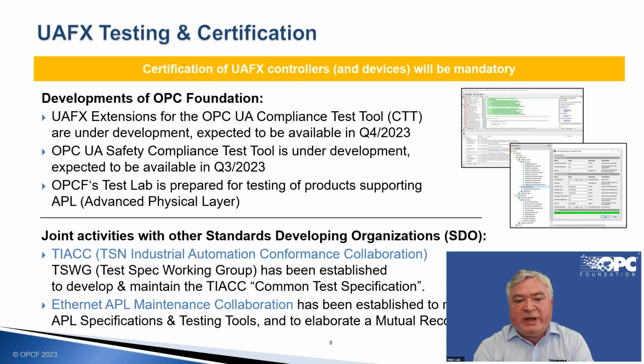The expectation is that we have these test scripts developed by the end of the year, Q4 2023. There is then the other tool that I quickly mentioned before, talking about OPC UA Safety. This is the OPC UA Safety compliance test tool, which is complementary to the CTT, and this is already expected to be available in Q3 of this year.